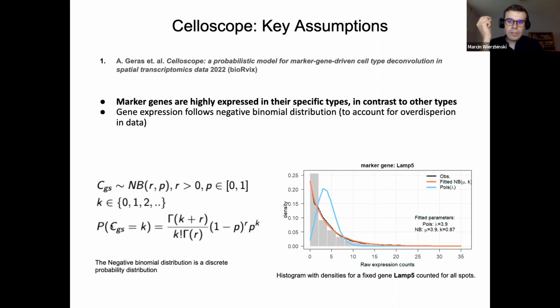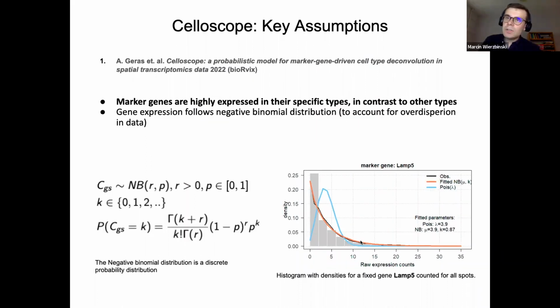A very important thing is that the Celloscope model assumes that the measured expression depends on a hidden cell type mixture in each spot from our ST microarrays.